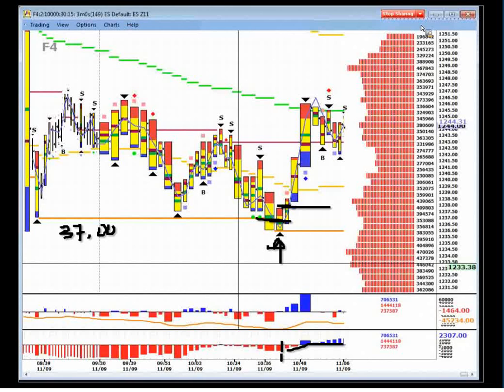Yeah, they're going to run stops beneath the overnight session low. So we expect them to get down to 37, and how many, 2, 4, maybe 5 ticks beneath it. You never know on this contract.